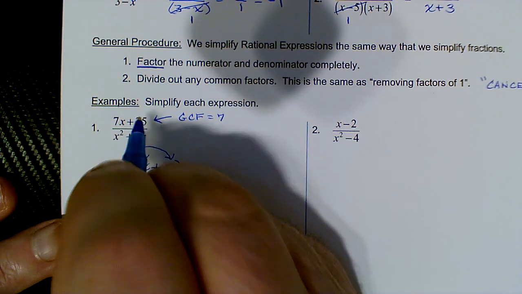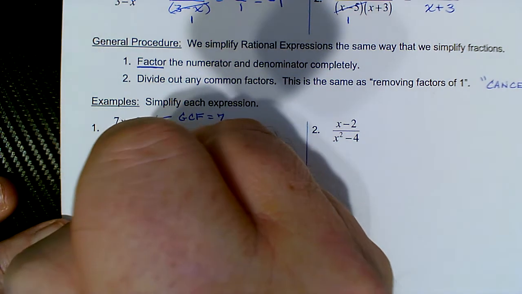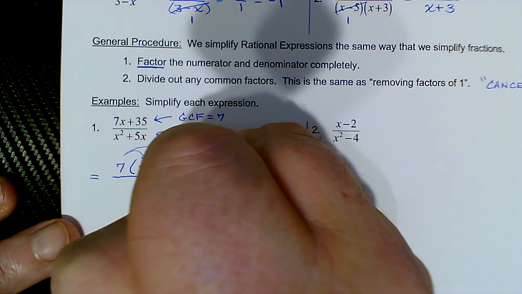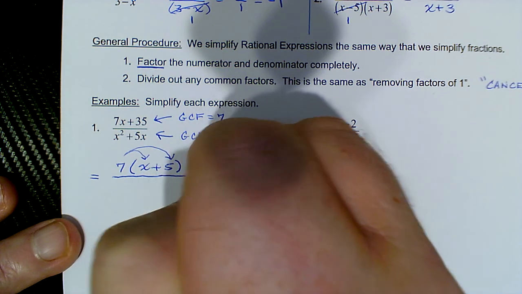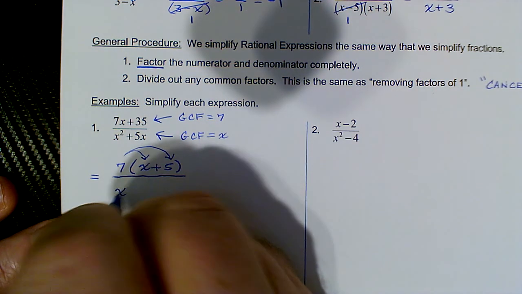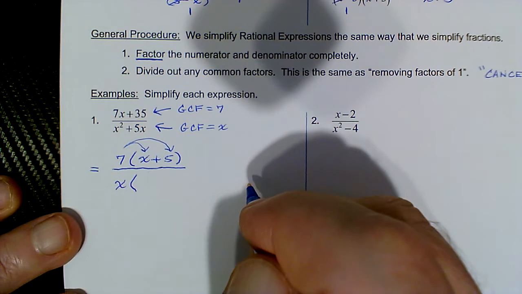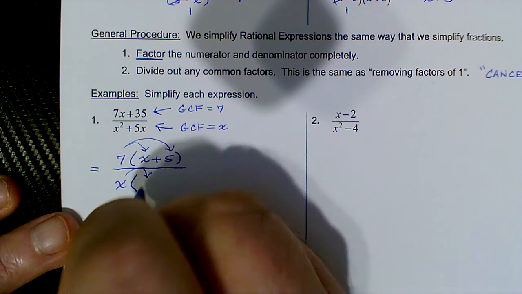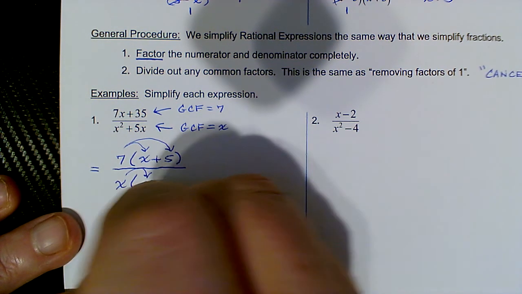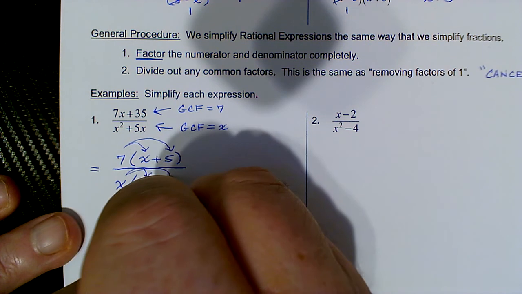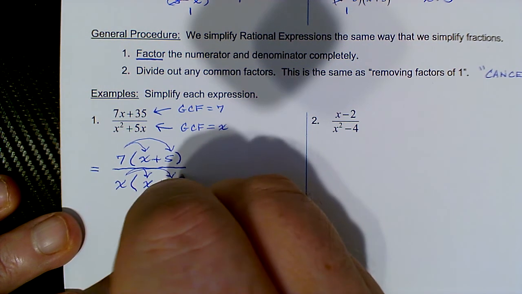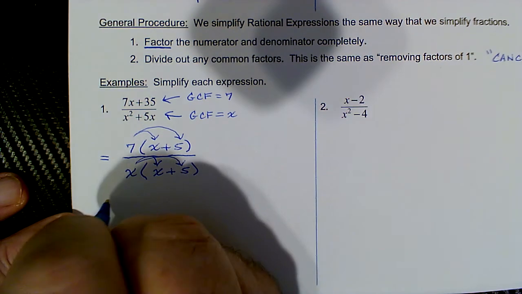In the denominator, the greatest common factor is x. So if we factor out an x and reverse the distributive property, okay, x times what gives x squared, that would be an x. And then we need x times something to give positive 5x, and that would be a plus 5. Okay, now I'm going to remove the arrows because they were just kind of used to help guide me in terms of my factorization.